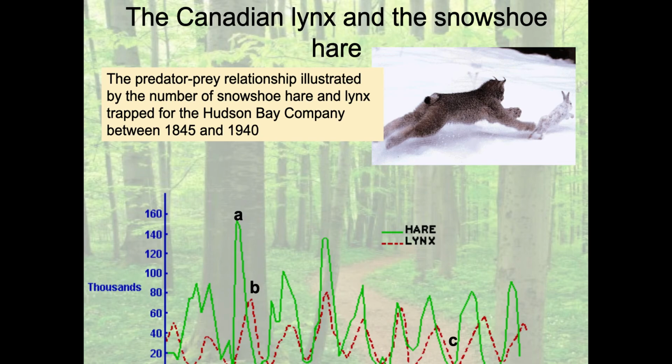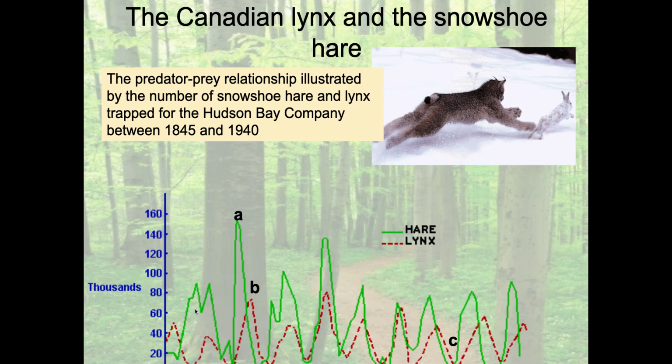So you can see how the hare population varies, and you can see how the lynx population varies as well. So you have a peak in the lynx population and you have a trough, a dip in the hare population.